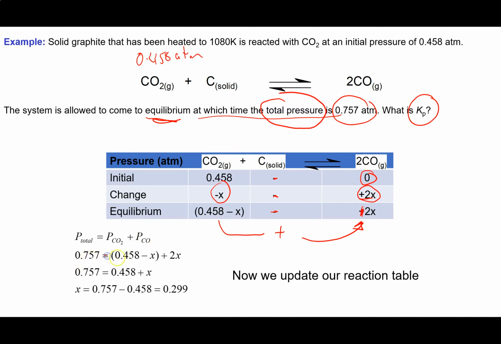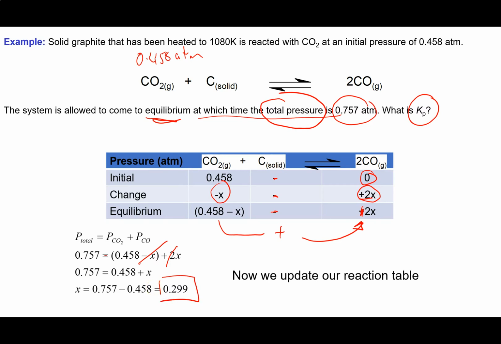The CO2 has a partial pressure of 0.458 minus x, and then the CO has a partial pressure of 2x. So not too bad. I can do this. 0.757 equals 0.458 plus x, because the minus x and the 2x combine, and then reorganizing and solving for x, x equals 0.299 atm.